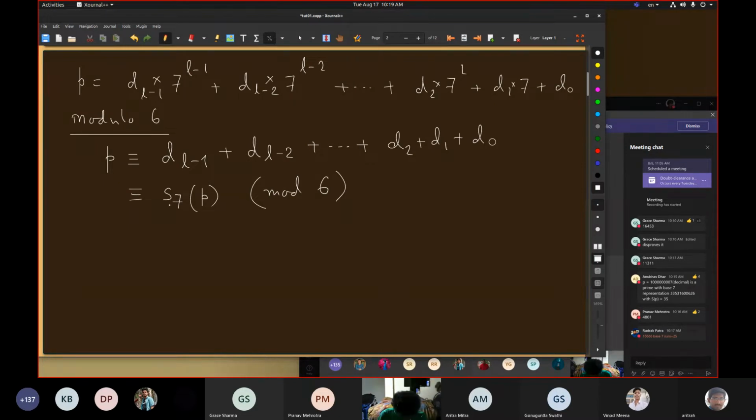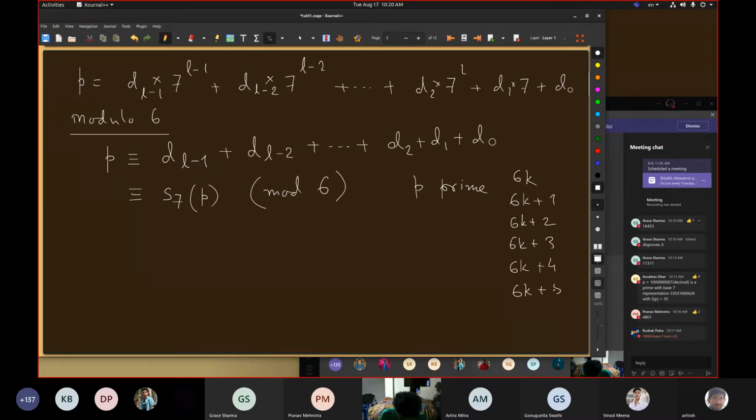That means if I divide P by 6 or if I divide S7P by 6, the remainder will be the same. But since P is given to be a prime, if I consider all possible remainders modulo 6, I can write P in the form 6k, 6k plus 1, 6k plus 2, 6k plus 3, 6k plus 4, or 6k plus 5.